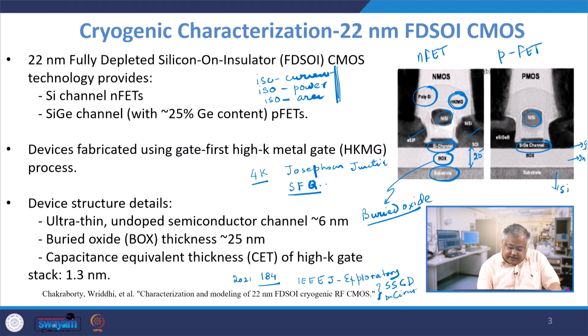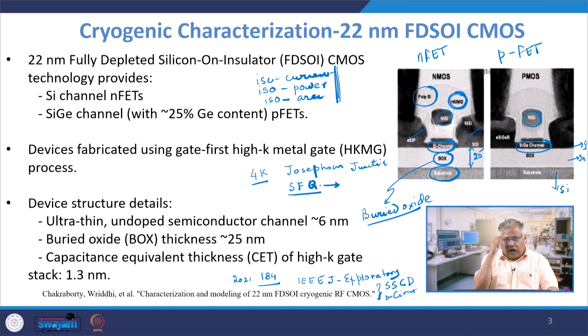This basically promotes your operating power to be at a very low value, and they can be used for high performance cloud computing systems because of the exceptionally low power of an SFQ circuit. And when you push it down to cryogenics, the power dissipation further drops to a very low value. So this is the basic advantage of using an FDSOI device, because of the least amount of leakage available to us.